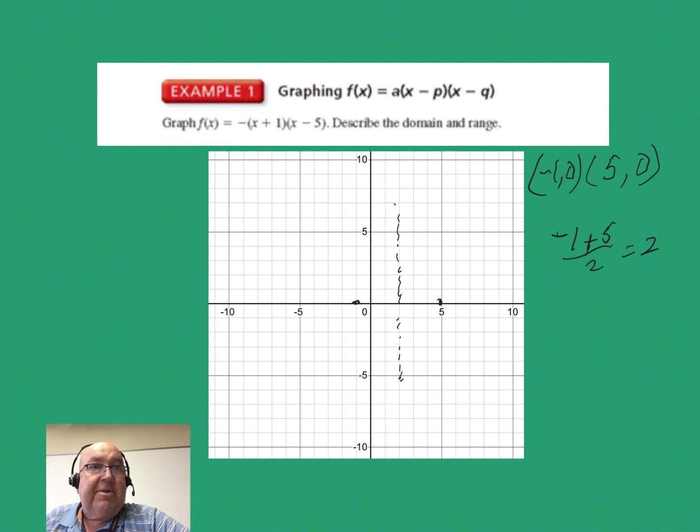Now I can put that x value back into the equation. 2 plus 1, 2 minus 5, -3 times -3.